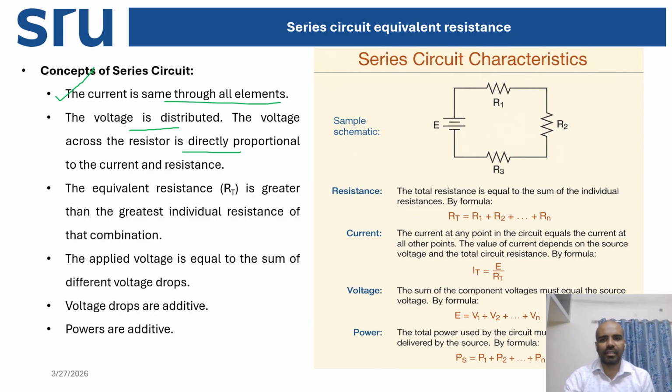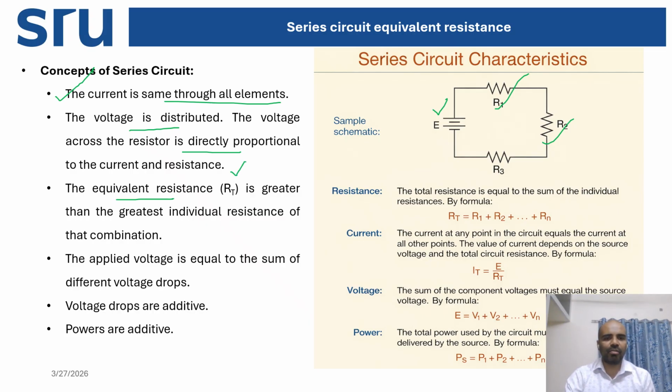In this circuit there are two resistors. If you add the voltage drops across R1 and R2, then you will get the total applied voltage. So here the voltage is additive in nature.